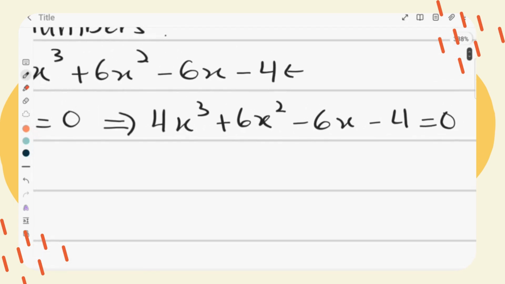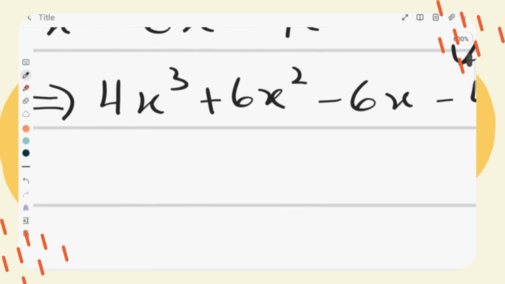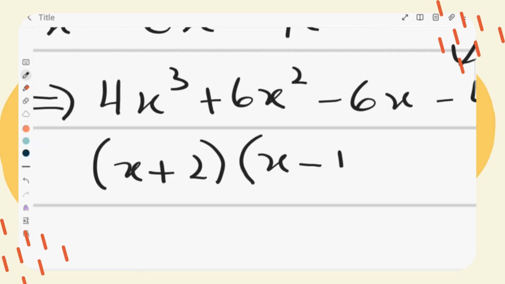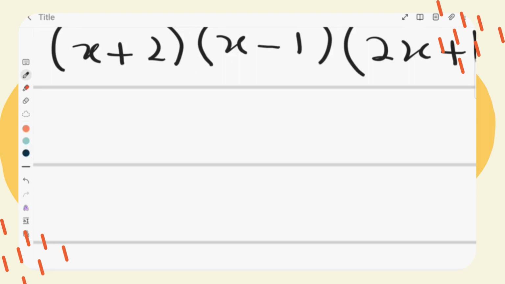And then if we just put it in the calculator, we have 3 factors: x plus 2, x minus 1, and 2x plus 1 equal to 0. All of these factors are set equal to 0, because we want to find the critical number, right?